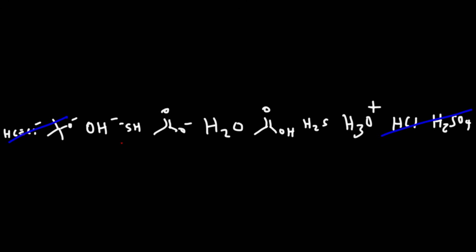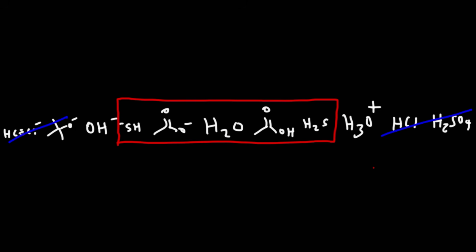So we could use acids and bases in this range. We can use acids that are weaker than H3O plus, and we could use bases that are weaker than hydroxide. Those will be free to participate in acid-base reactions when water is a solvent.